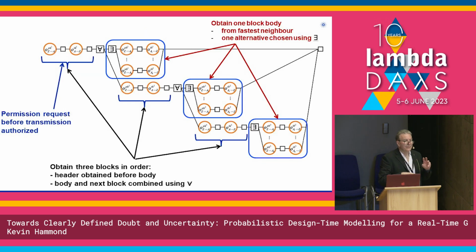Here's a diagram that shows how a network of 3 blocks can be constructed. I'm just showing you 3 blocks as an example of a delta Q. Each of the blue shapes is a block that's being produced. Within that, we have a choice between alternatives, so whichever one computes first we can use. Then we need to combine them across to give the outcome as a whole using the for-all quantifier.